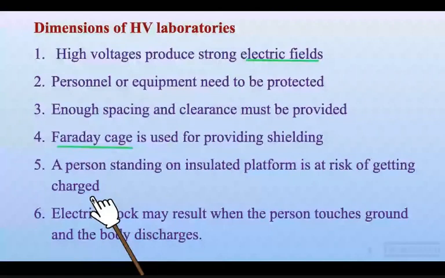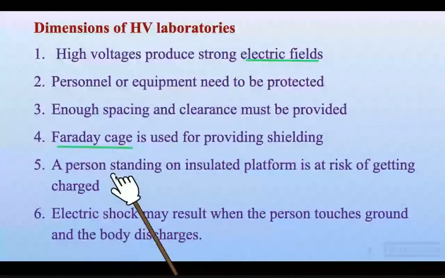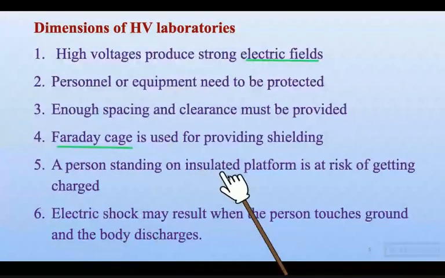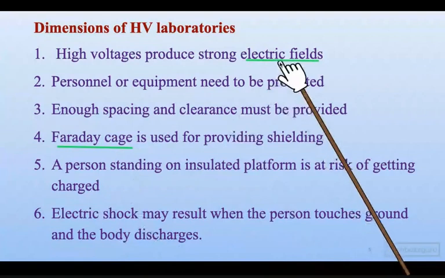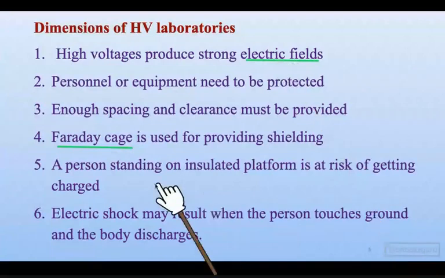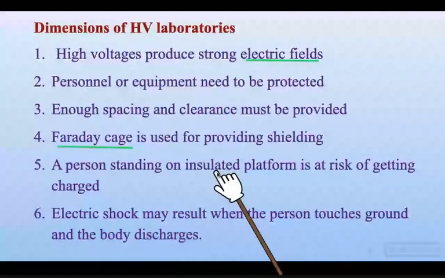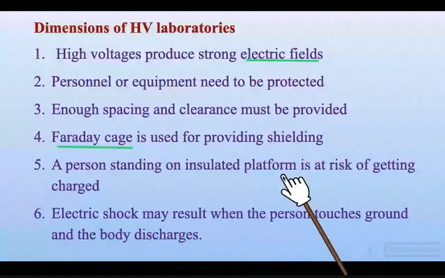A person having certain defined weight will have a capacitance. This capacitance has a tendency to get charged from the invisible electric field surrounding a particular testing facility. Naturally, when the person gets charged, as long as he is standing on an insulated platform, he will not come to know much.